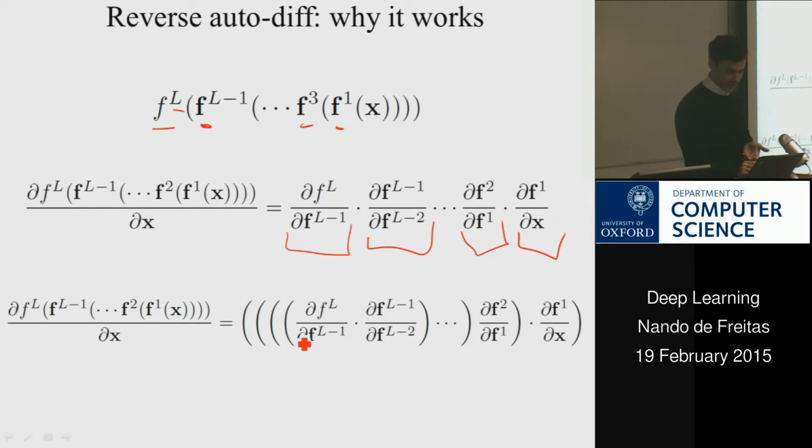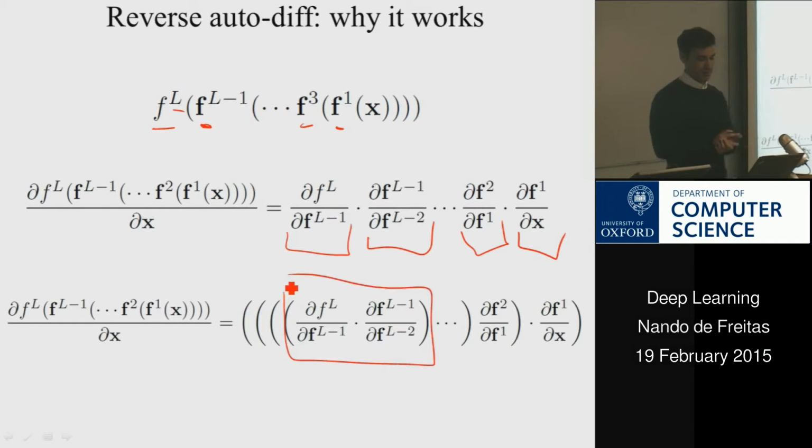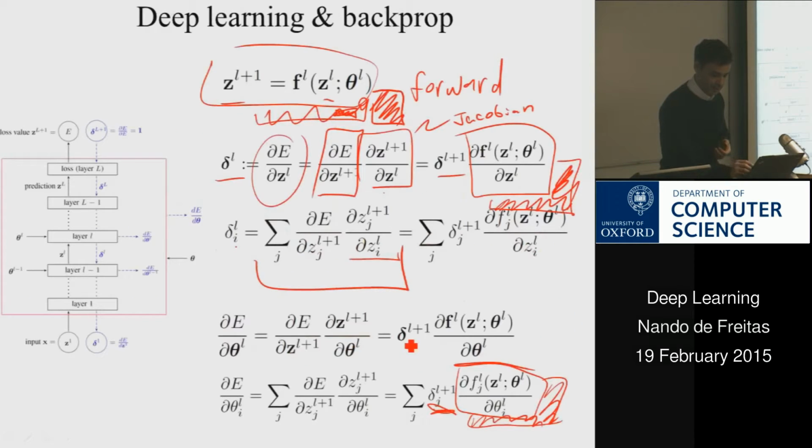The other way I can do this is I can use nesting. So I first compute the product of these two terms, and that would be equivalent to what we do here. We compute just two terms at a time.